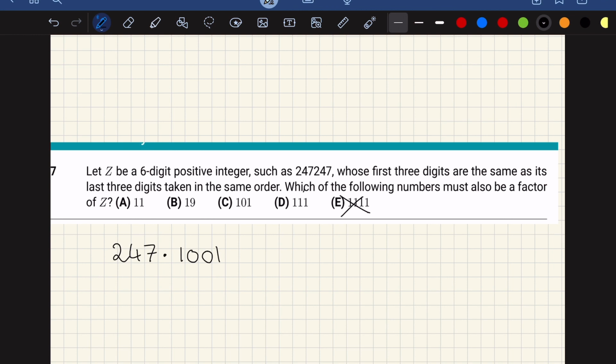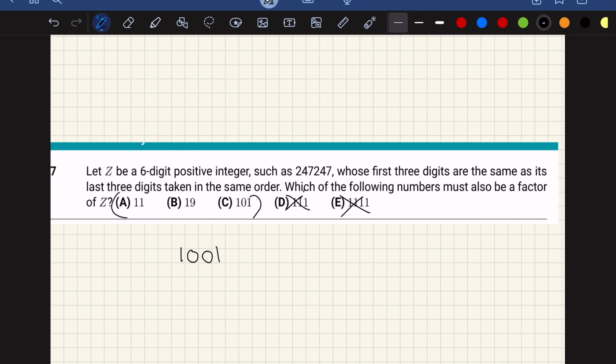We can basically ignore the 247 as well, because it could be any 3-digit number that makes a 6-digit number. So that's not particularly important. What we need to do is find the factors of 1001. It can't be 111 either, because 111 times 9 is 999. It's too short. So now we've got to choose between these.